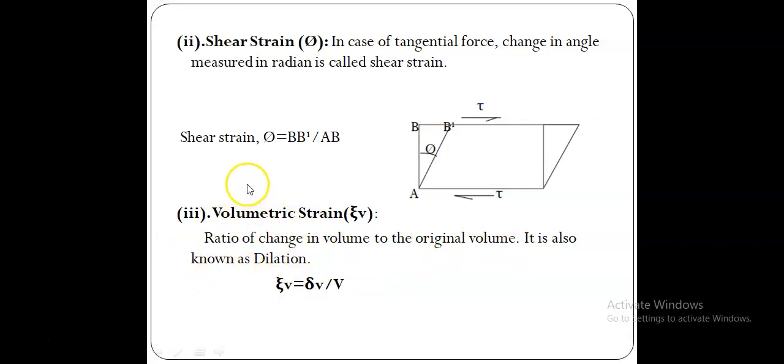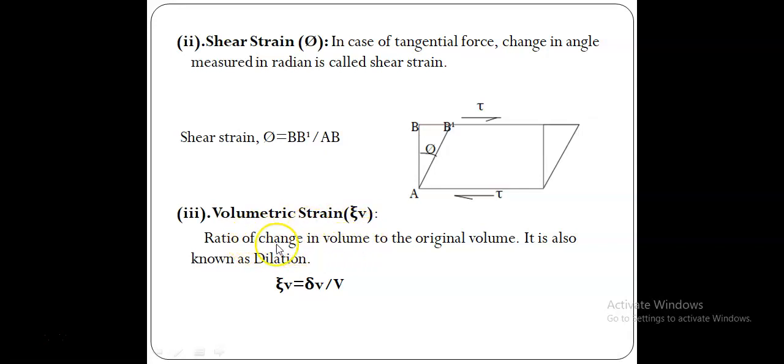We have already seen the linear strain or longitudinal strain, which can be defined as the ratio of change in length divided by original length. That is called linear strain. Here it is volumetric strain. Therefore, it is the ratio between the change in volume and its original volume. So how can we find the change in volume?